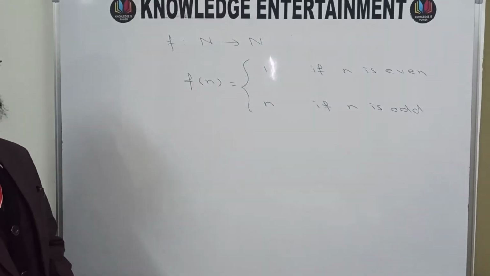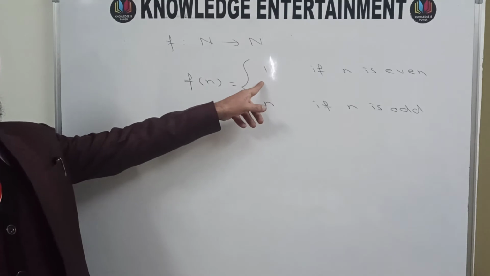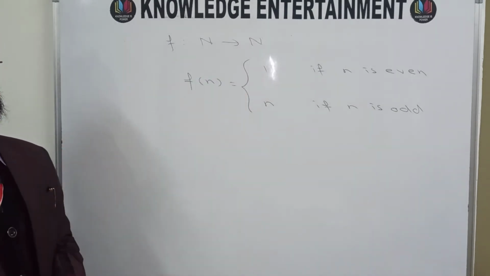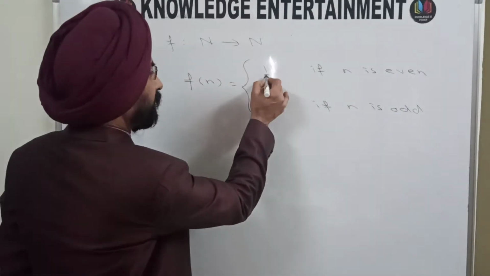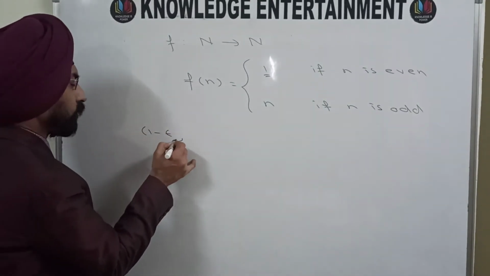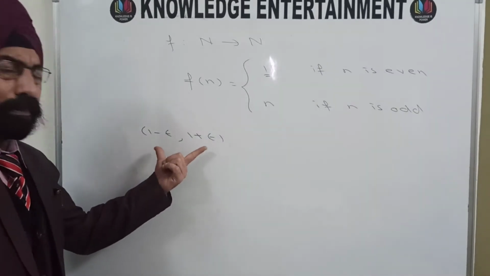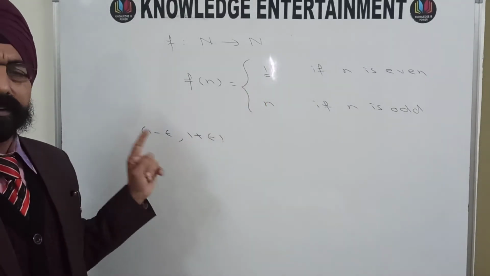So here you have 1 cluster point, and that is 1. Why? Because you take any neighborhood of this one. Any neighborhood means 1 minus epsilon, 1 plus epsilon. It is an arbitrary neighborhood of the point 1.